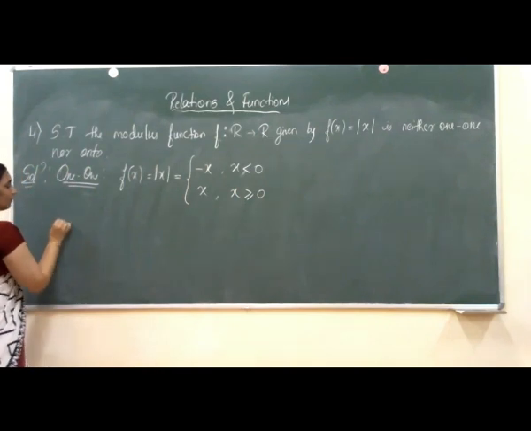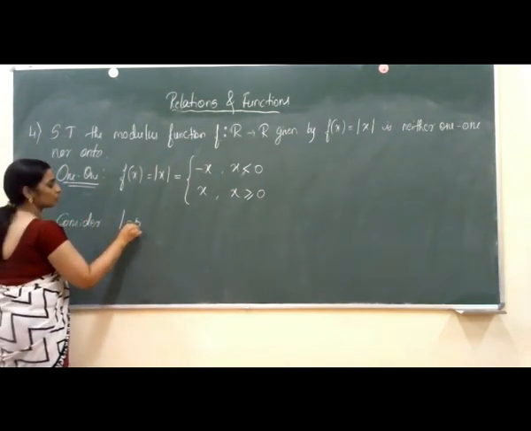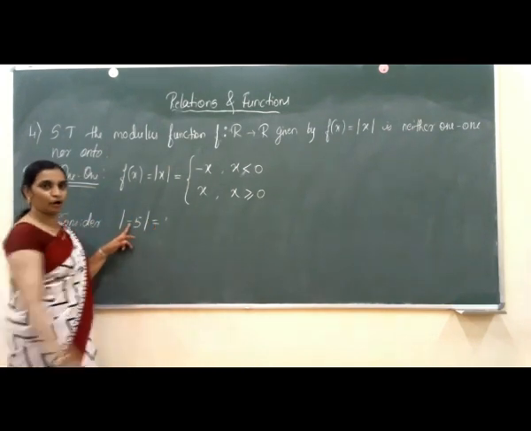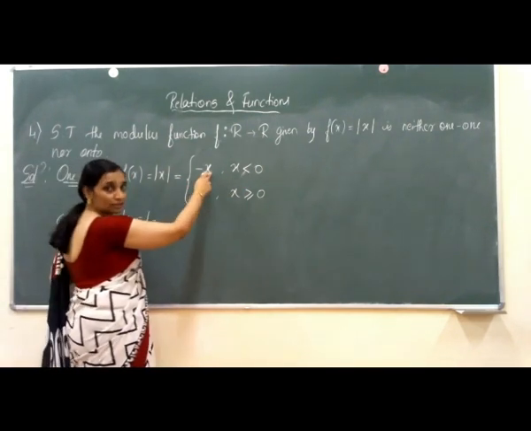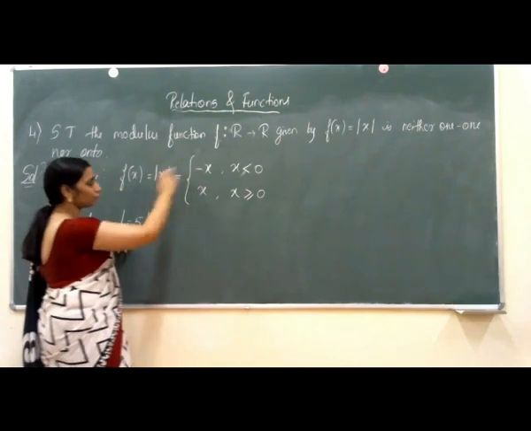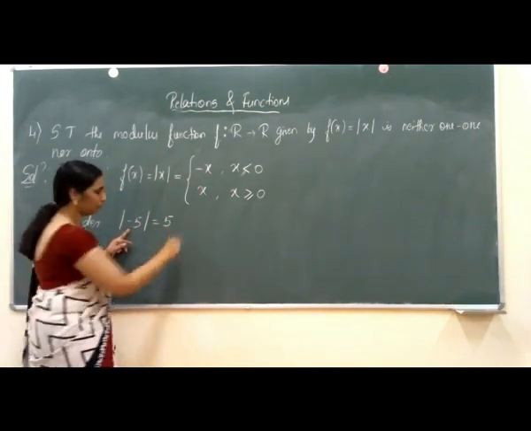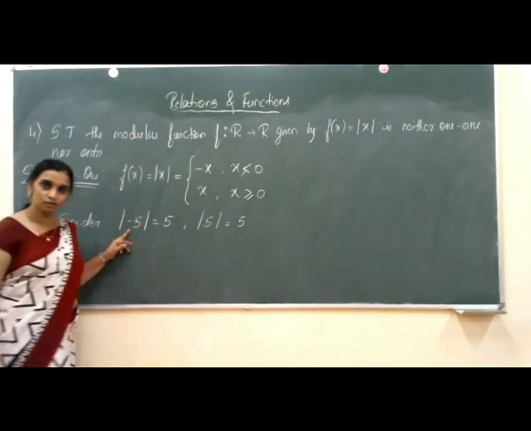Now consider modulus of minus 5. Mod of minus 5, according to the definition, minus 5 is negative. So we are using the first definition. Minus of minus 5, minus of minus becomes plus 5. And mod of 5 is equal to 5 also.